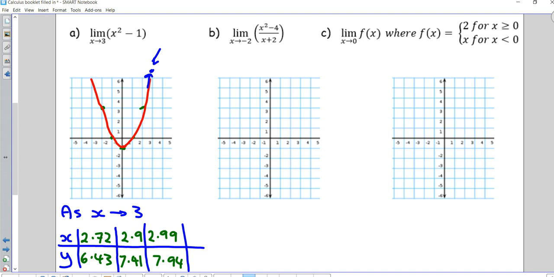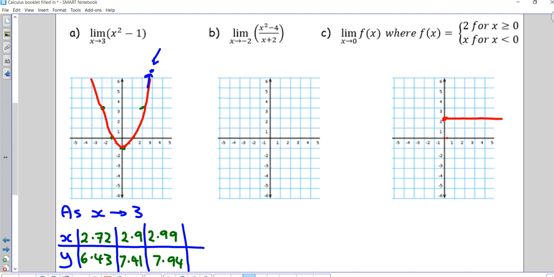So f of x equals 2 is just a horizontal line through 2, so y equals 2, for x values greater than and including 0, so it includes that one. And for x values less than 0, not including 0, it's the function x.